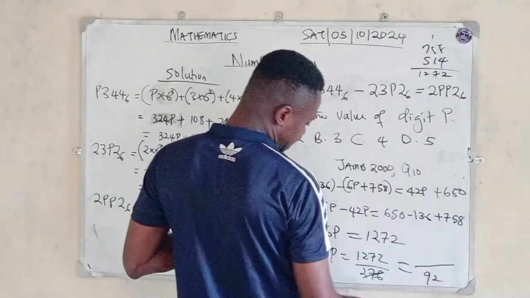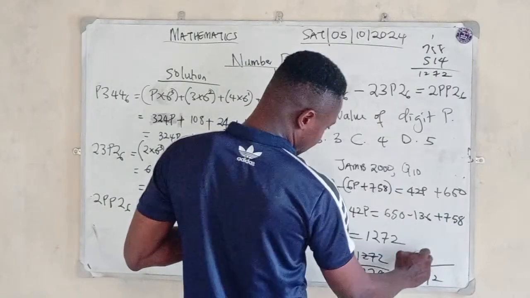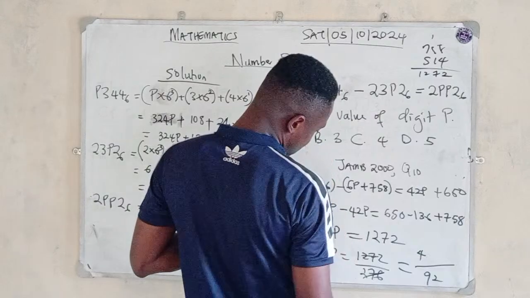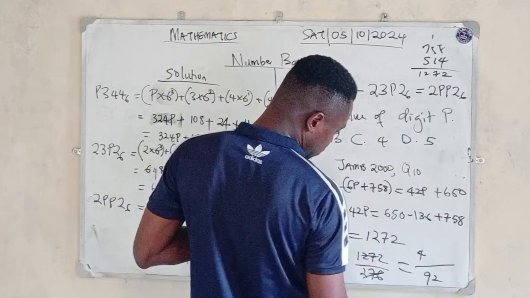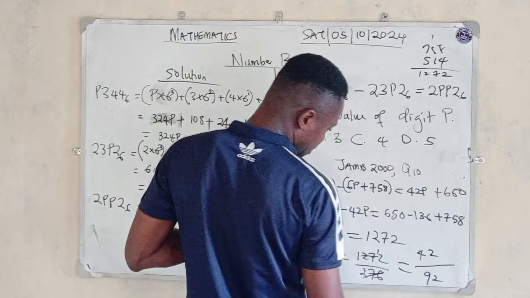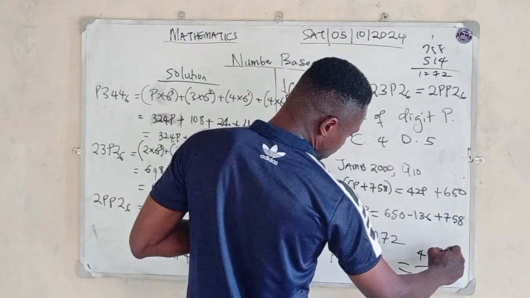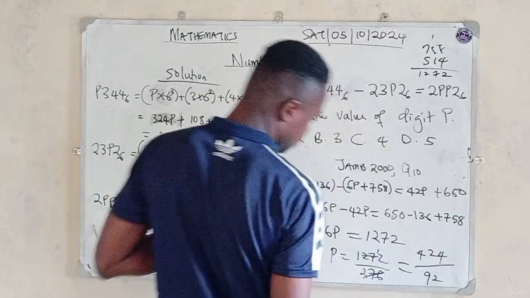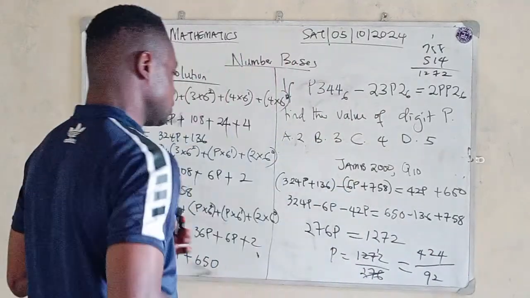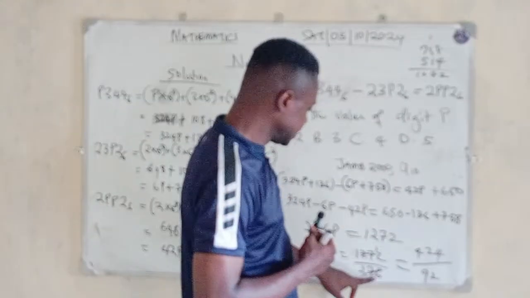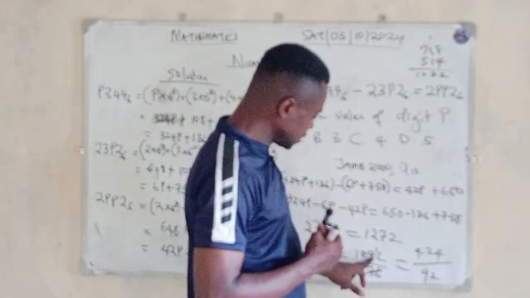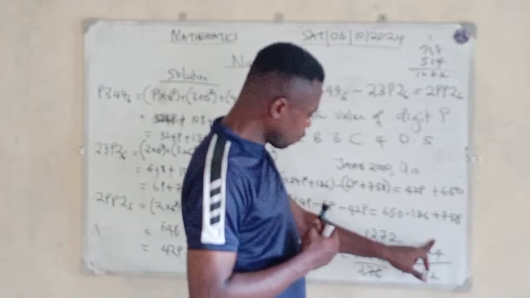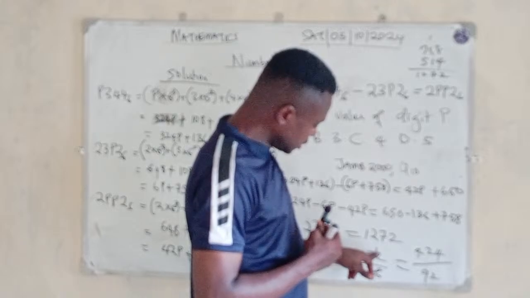Can 3 go here? 3 into 7, we have 2, remainder 1. 3 into 12, we have 4. 3 here 9, 3 here 2, 3 here 4. 2 remainder 1. 3 into 12, we have 4.